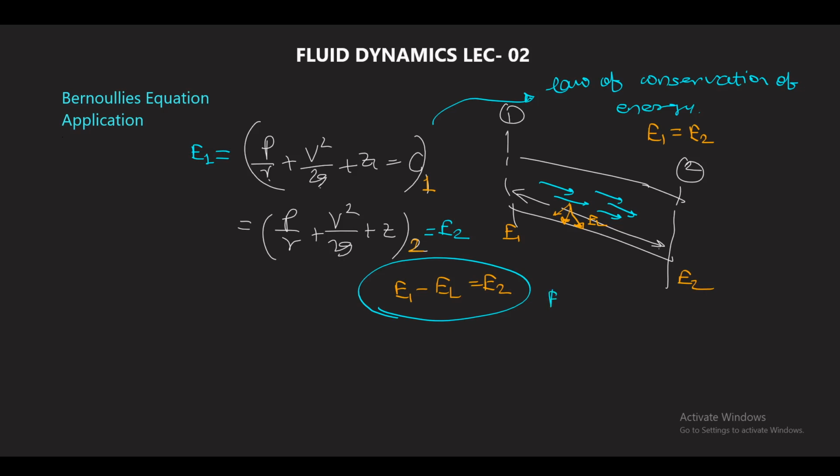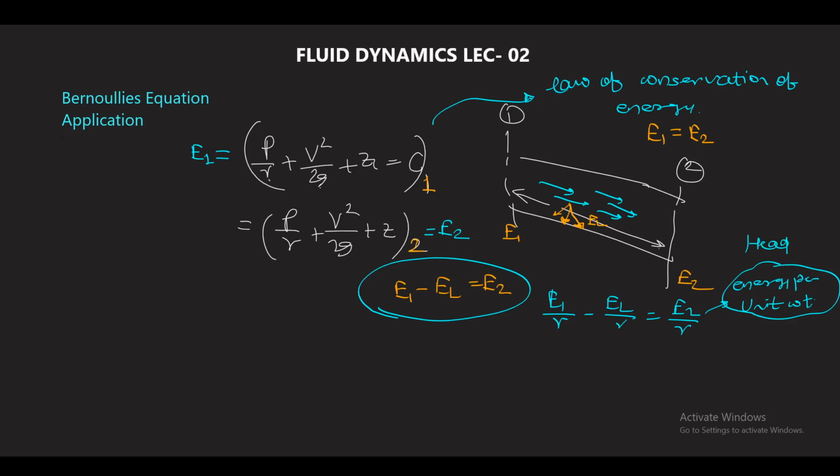If I write it in terms of E1 by gamma minus EL by gamma is equal to E2 by gamma, that is the energy per unit weight. In the last lecture, I said that this energy per unit weight quantity is nothing but the head.